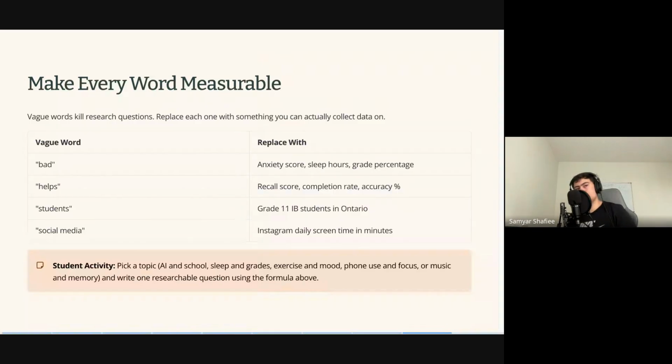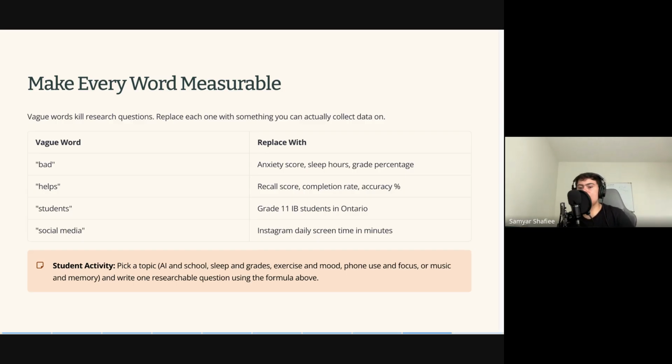When we talk about research, we want to make sure that our results are measurable. Vague words kill research questions. For example: bad, helps, students, social media. For bad, we can use sleep hours, grade percentages, or anxiety scores. For helps, recall scores, completion, accuracy percent, or even IQ tests.